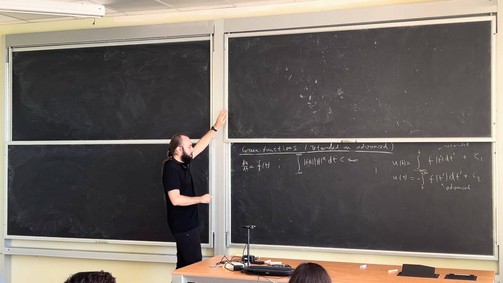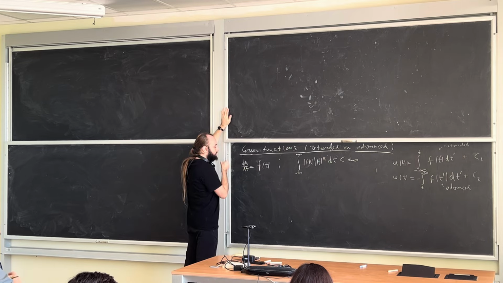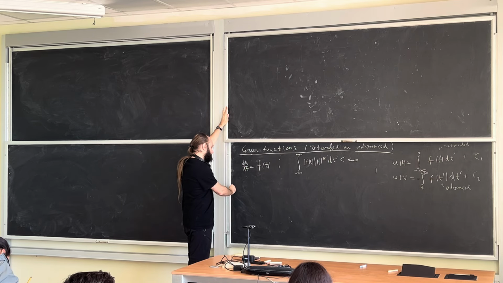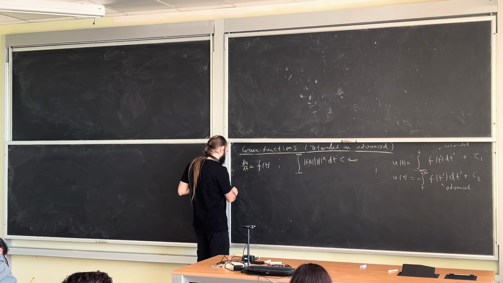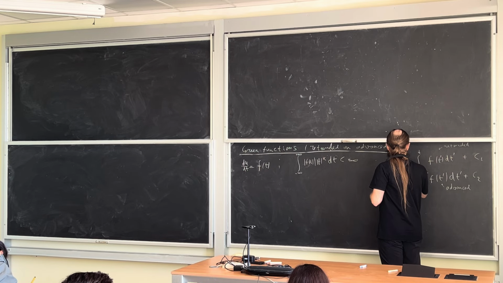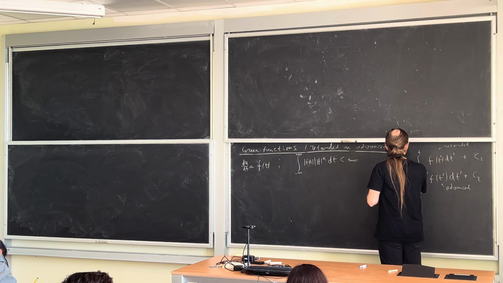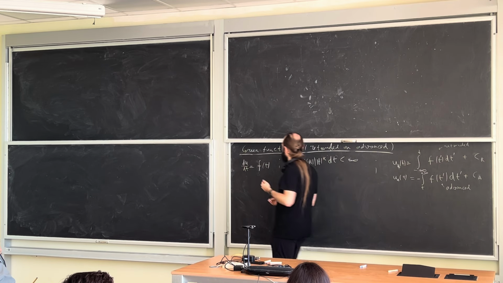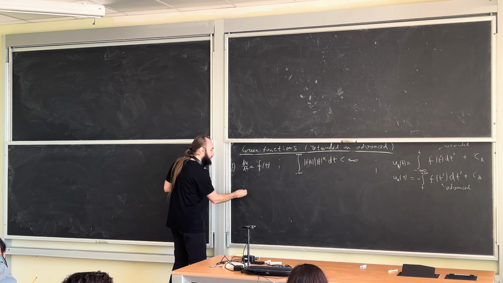So it was a super simple example, right? Maybe let us call this u1, and maybe u_R and u_A. For example, 1.